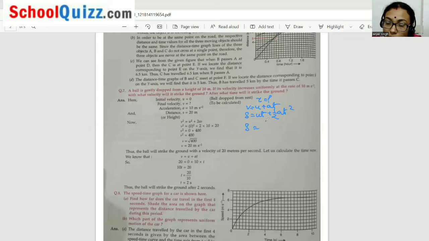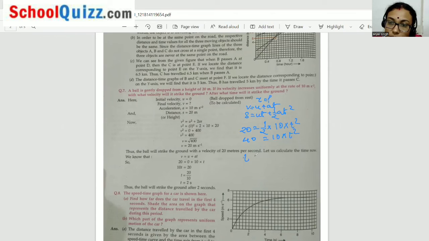Now s is equal to half a t square. This a is 10, and t we have to find. And s is 20, so this will be 40 is equal to 10 into t square.